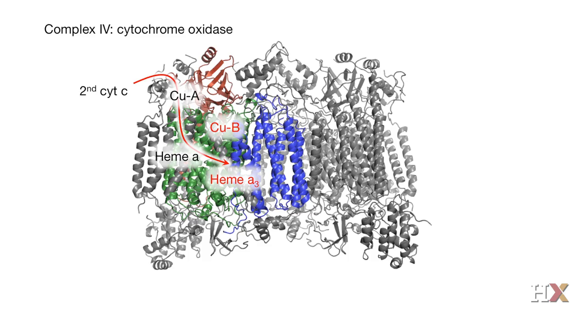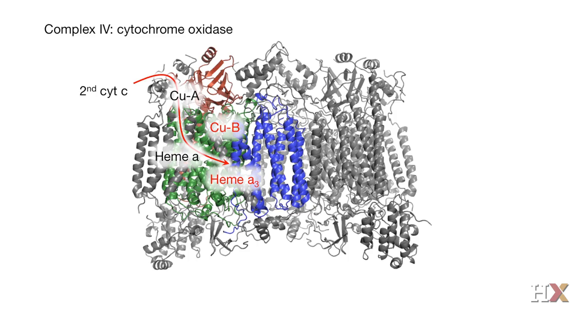But do you remember what happened in hemoglobin? In the heme of hemoglobin that has an Fe2+ ion, this heme can bind oxygen. That is exactly what happens with complex 4. Once the heme A3 is reduced, then an oxygen molecule can bind to the iron of A3.